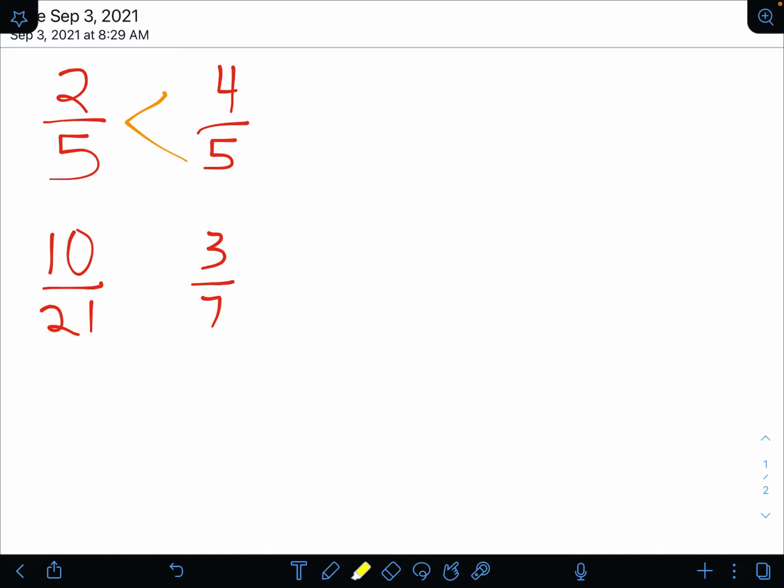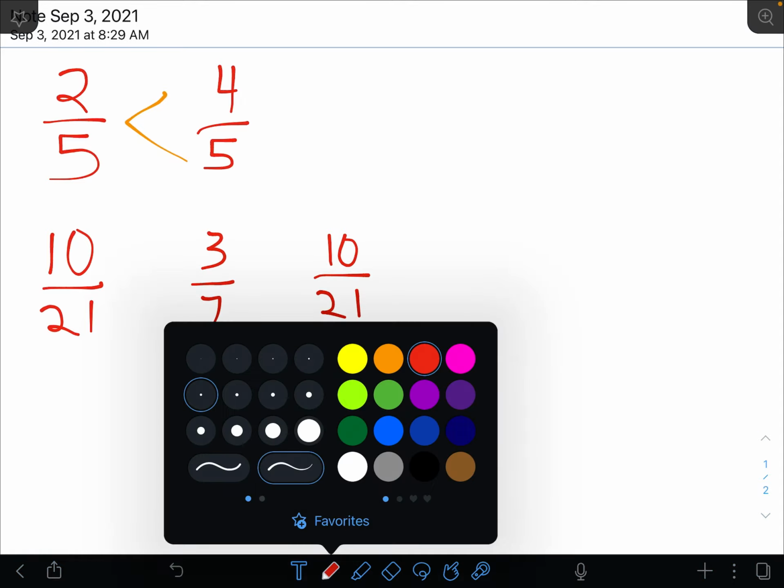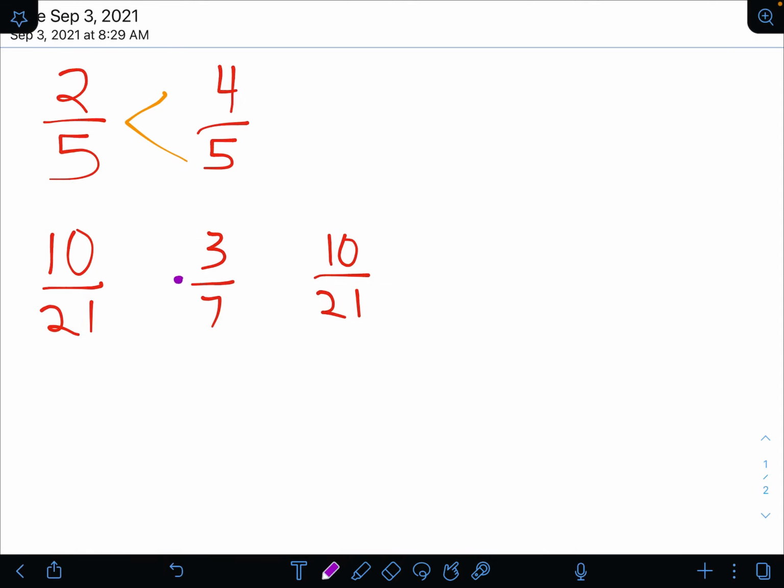And you may say, well, I guess 7 does go into 21. 7 goes into 21 evenly. How many times does 7 go into 21? Do you remember? Yeah, 3. So you could rewrite this if you wanted. This could stay 10/21. But what if you multiplied this 7 by 3?